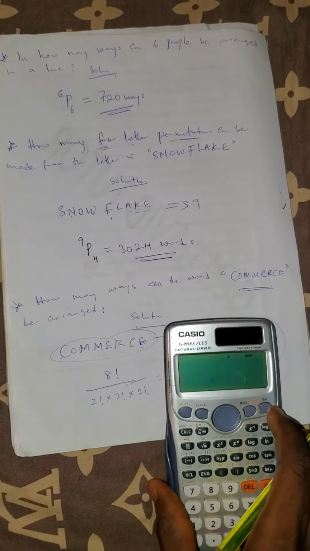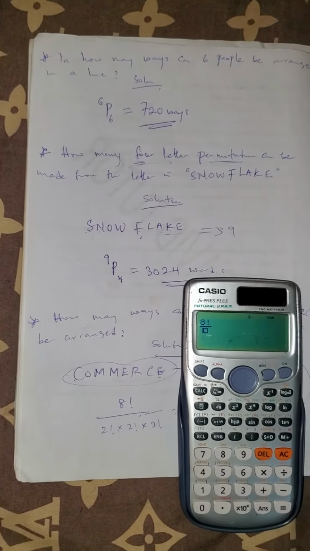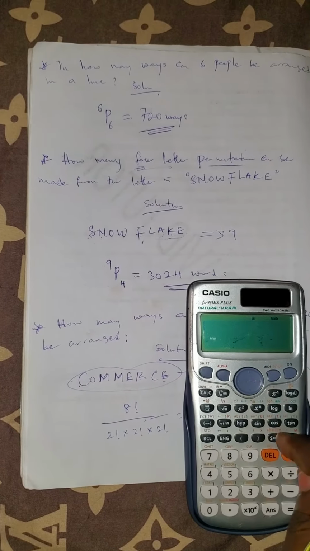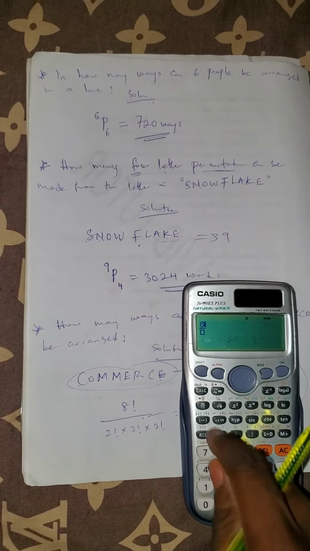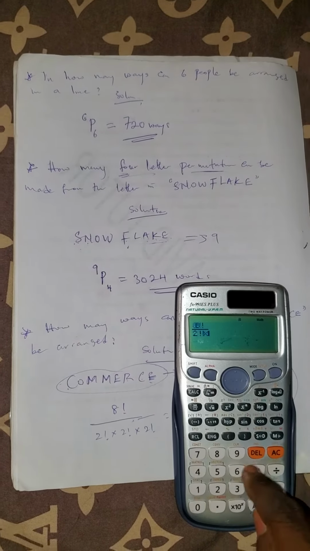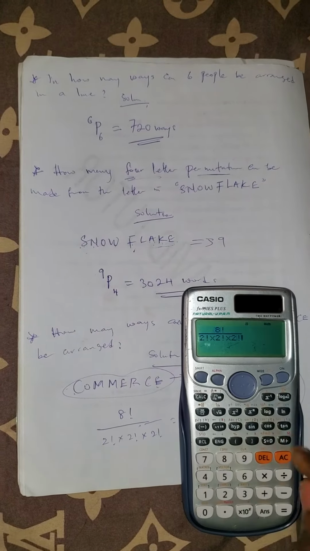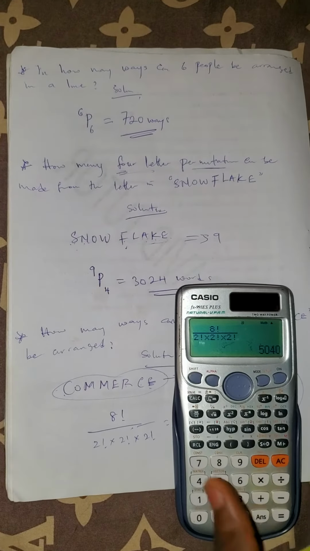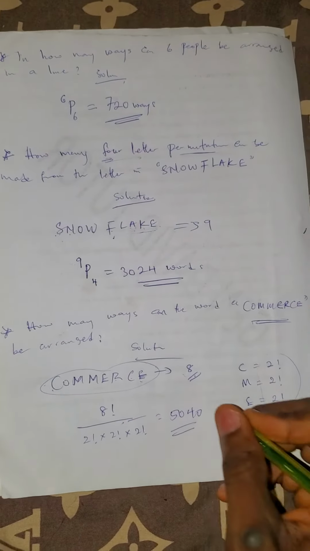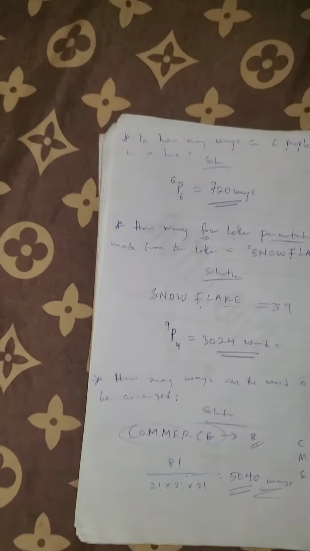Let's press it: 8 factorial over 2 factorial multiplied by 2 factorial multiplied by 2 factorial. The answer is 5040 ways. So let's proceed to the next one.